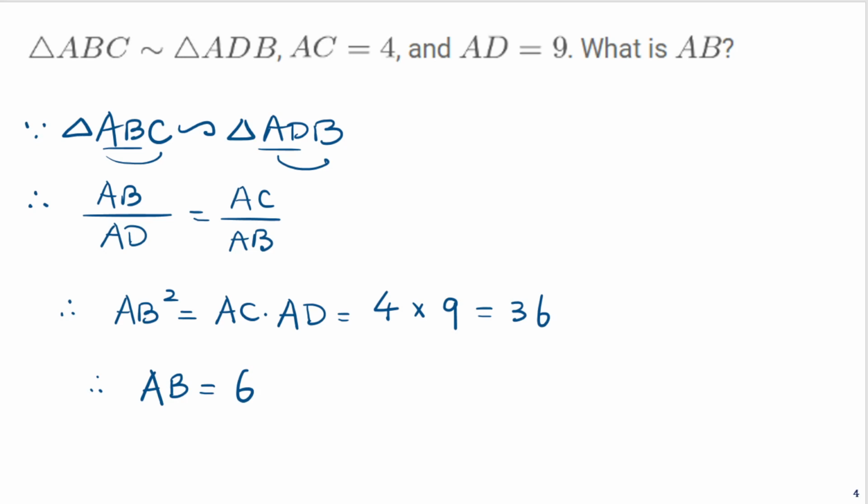Can you follow me? Remember, similar triangles will have proportional sides, which means the ratio between the corresponding sides should be a constant number.